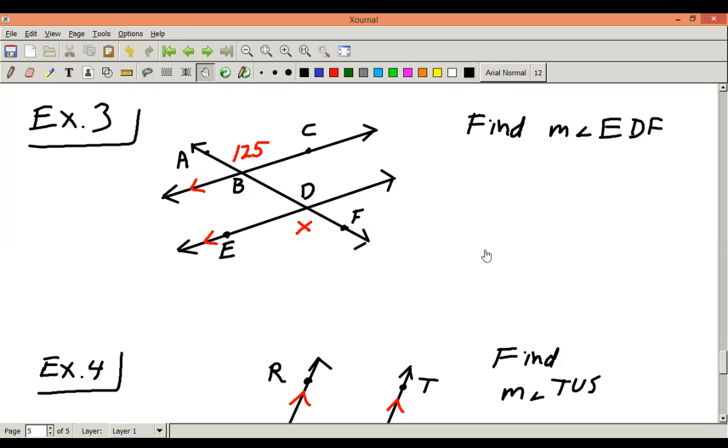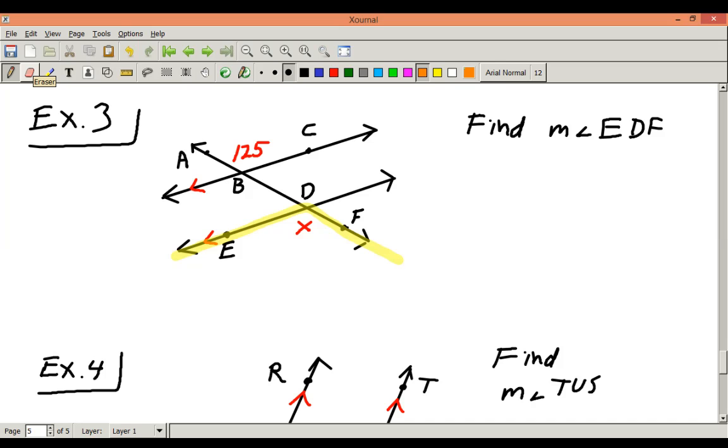So if you look at example 3 there, you see two parallel lines cut by a transversal, and the directions say find the measure of angle EDF. So let me highlight that so we're all looking at the same thing, EDF. It's this one. What you notice there is that that angle and the 125-degree angle are alternate exterior angles.